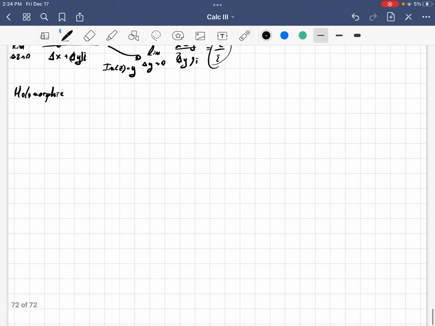And this is exactly what the Cauchy-Riemann equations answer. Now, it's all in the language of partial derivatives, so I'm assuming that you know Calc 3 up to this point.